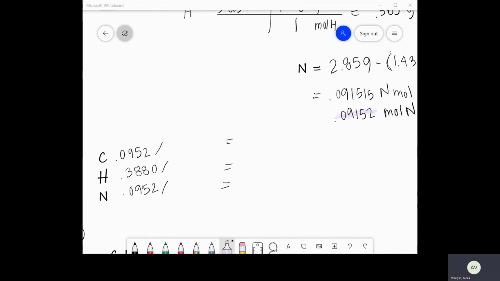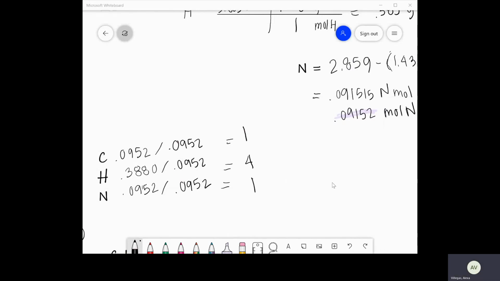So that'll make it a little bit easier for us. We're going to divide each of these. And this is going to give you 4, it's going to give you 1.